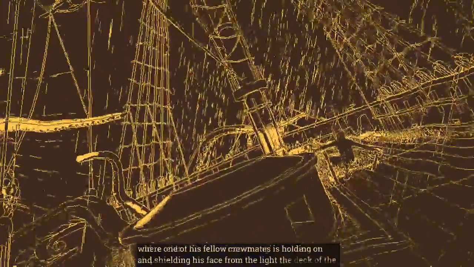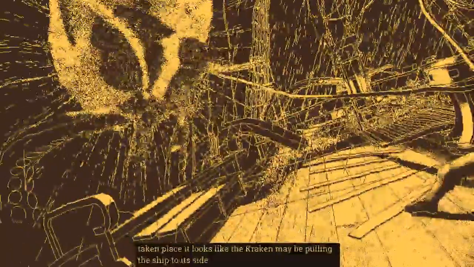The deck of the ship is severely tilted in this scene, a very steep angle towards the side where this explosion has taken place. It looks like the Kraken may be pulling the ship to its side, or it's gone over a wave, or a combination of the two.